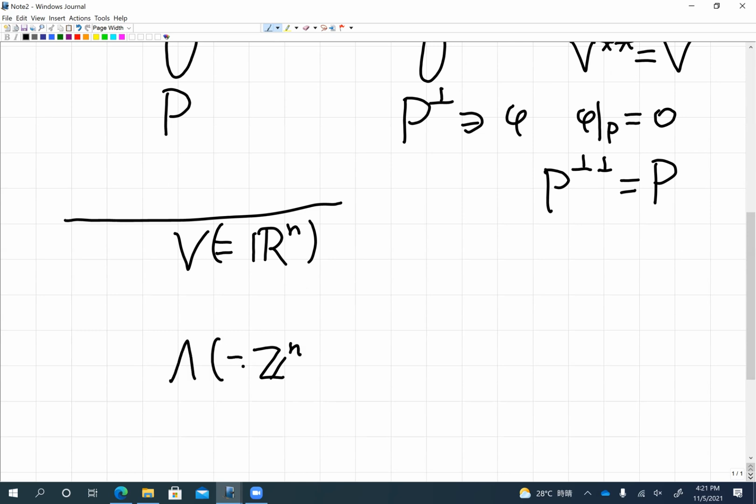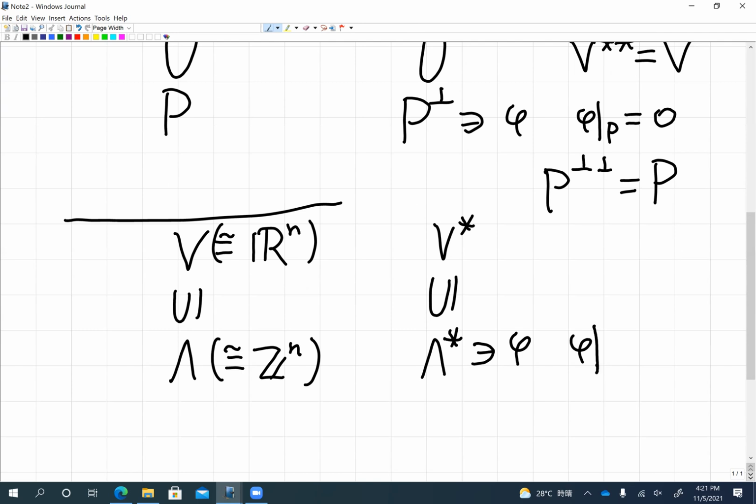In general, as I mentioned a moment ago, the lattice could have different sizes, but abstractly it just looks like a Zn inside Rn, but it can be bigger or smaller. If you have a lattice inside, you can again look at the dual lattice, which by definition consists of those linear functionals that, when you restrict to the lattice, land inside the integers. And it also has the property that if you do it twice, you get back itself.